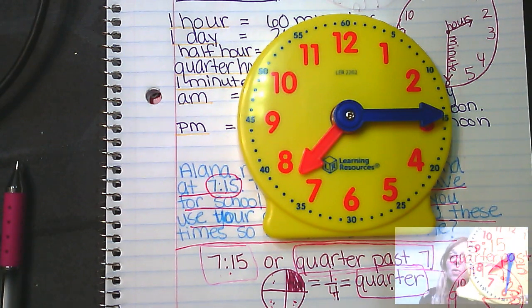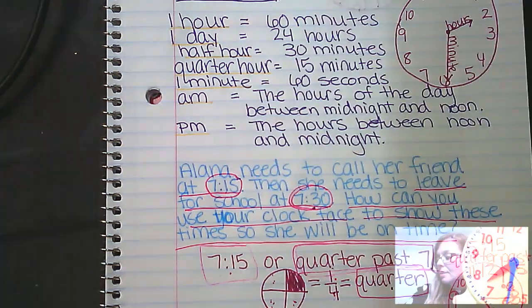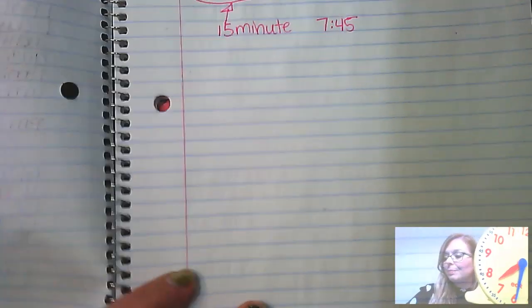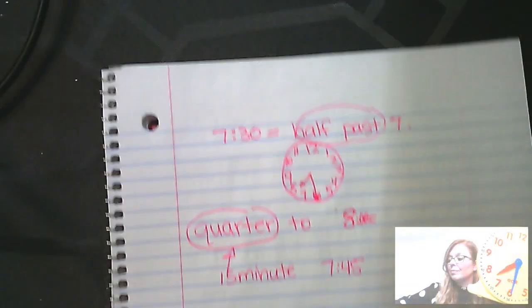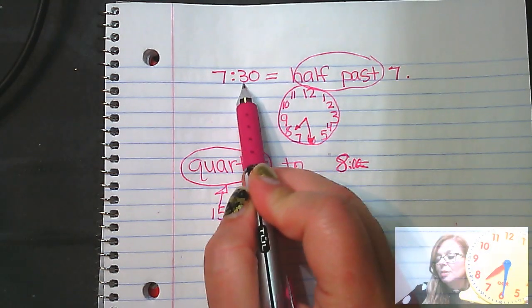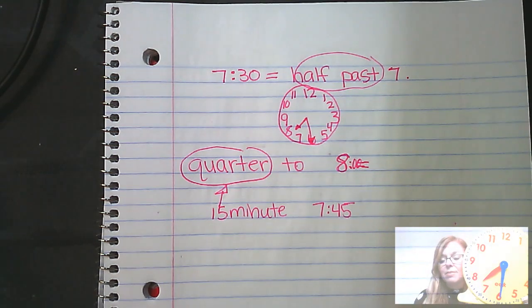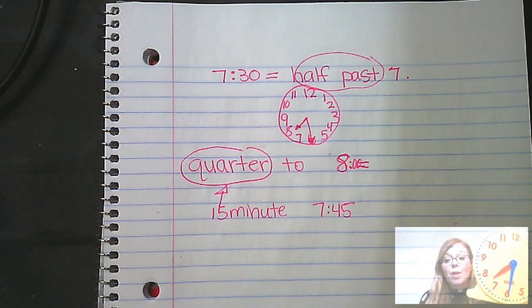It's very important that you know how to tell time because you don't want to be late. So one way that we write this is 7:30. So we talked about our fractions.